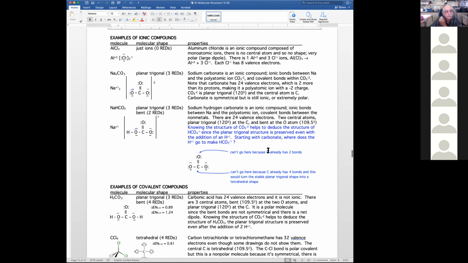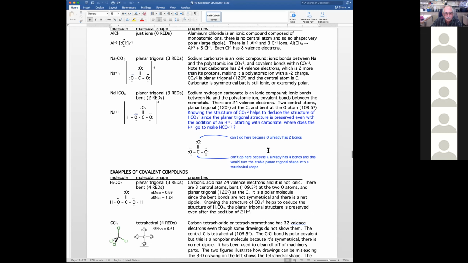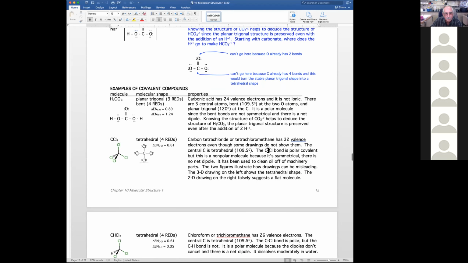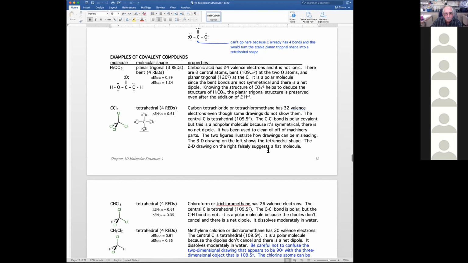So then I gave many examples in here. Let's look at this one right here, carbonic acid. Somewhere in here, I made a carbonic acid. Here it is.